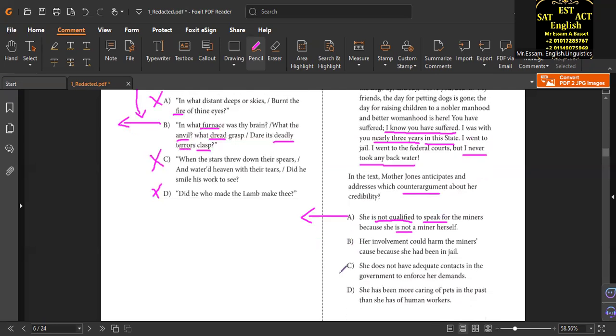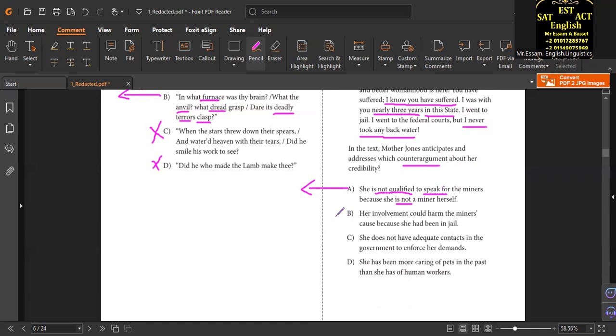But we don't have any supporting details for letter B. Her involvement or participation could harm the miners' cause, the target of the miners, because she had been in jail. So we don't have support for letter B. And of course, C and D are wrong because they're not supported. That's why. Feel it? Yes.